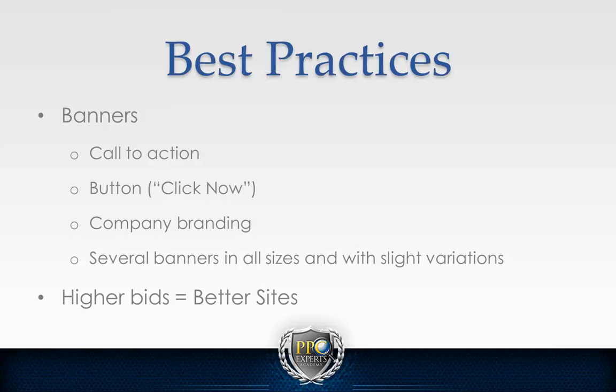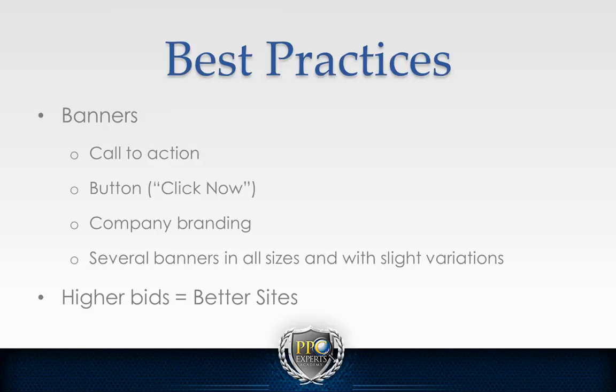Generally speaking, you can run this on a cost per click basis, but I recommend setting it on a CPM basis. So you're not actually paying for clicks, you're paying for impressions, and you want a lot of click-throughs. Generally speaking, the higher your bid, the better the sites that you're on.